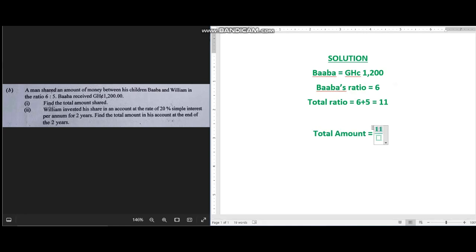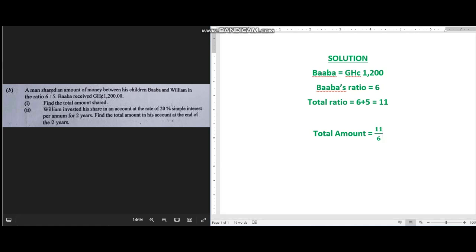So the total ratio is 11 over the one whose share was given in the question. That is Baba, and his ratio is given as 6. So 11, the total ratio, over Baba's ratio, which is 6.